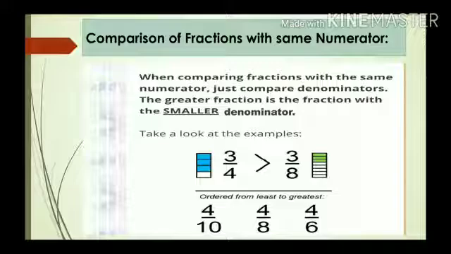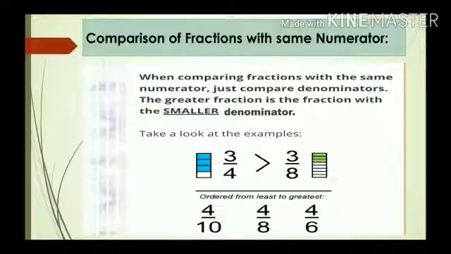In both of them, numerators are equal, but denominators are different, and we have to compare the denominators only. So you see whose denominator is smaller, that fraction is the greater fraction. 3 upon 4 has the smaller denominator, that's why 3 upon 4 is the greater fraction.